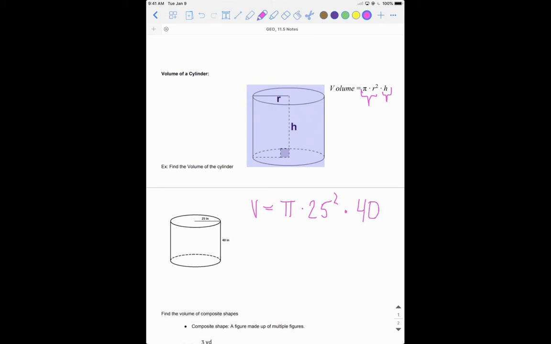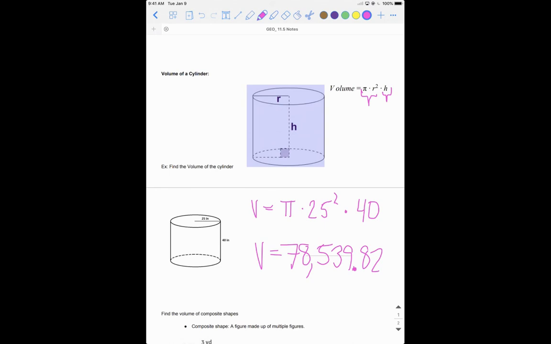So if we go to our calculator and we say pi times 25 squared times 40, we get out this nice big number of volume equaling 78,539.82.